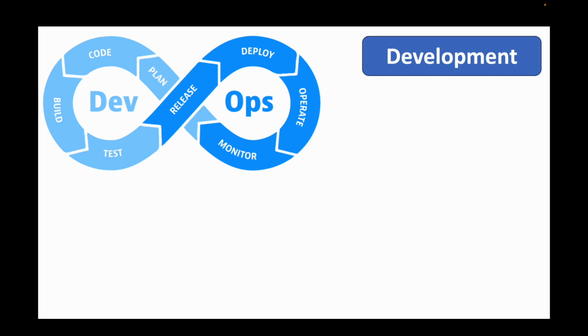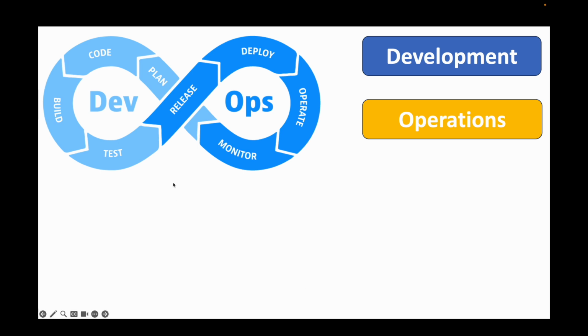So the first role that we will be looking at is DevOps. DevOps is something that is very commonly used across the IT industry, and it is simply a set of practices that combines your development team and your operations team, mainly used to streamline software delivery.